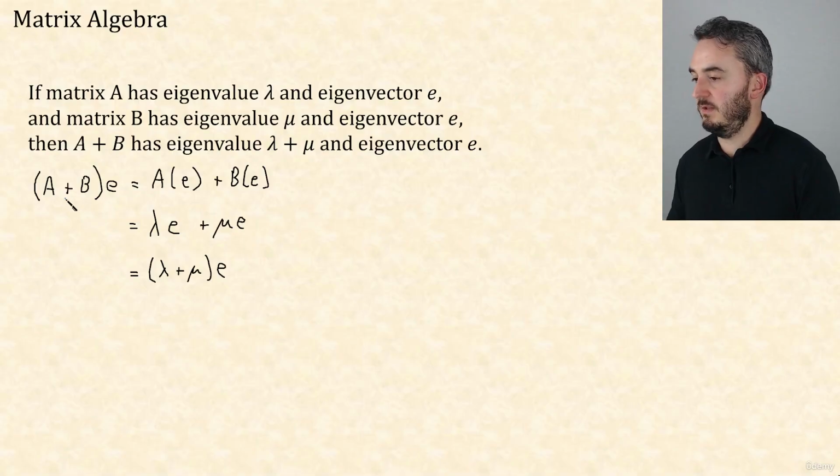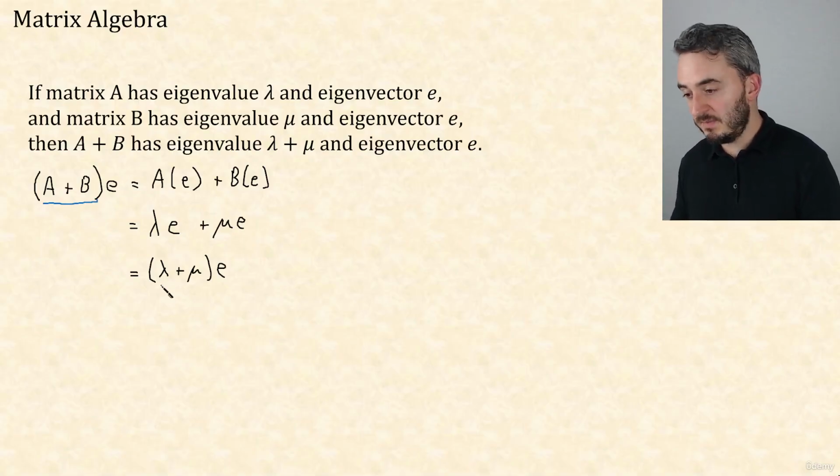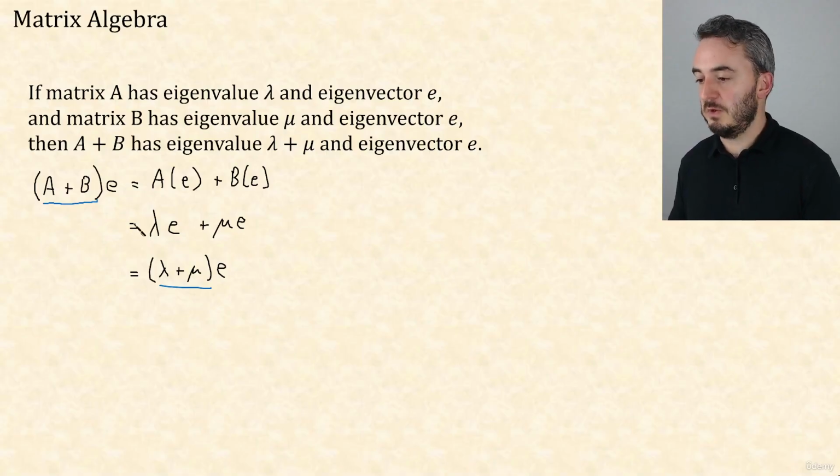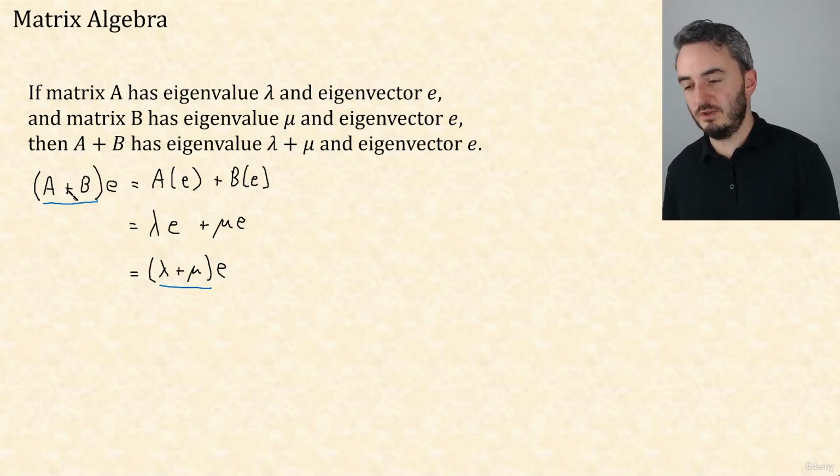This tells me that applying the matrix A plus B to E is the same as scaling it by lambda plus mu. That means that lambda plus mu is the eigenvalue for the eigenvector E for this matrix.